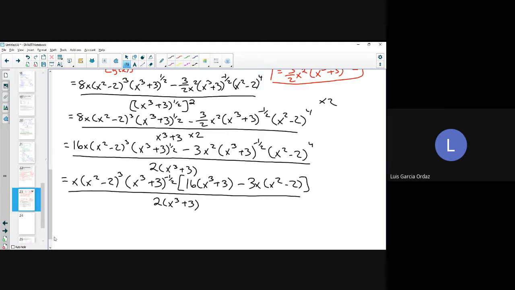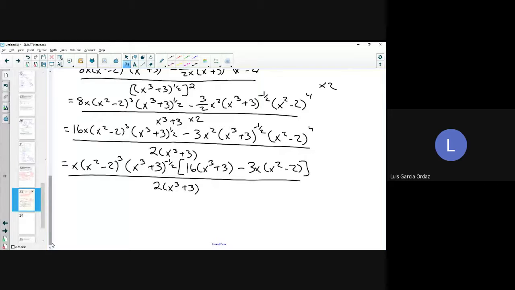So now I can simplify even more. So this gets me 2x times x squared minus 2. And then I'm going to simplify the inside of the bracket, which gives me 16x cubed plus 48 minus 3x cubed plus 6x.